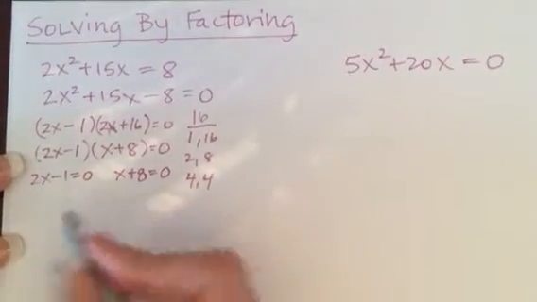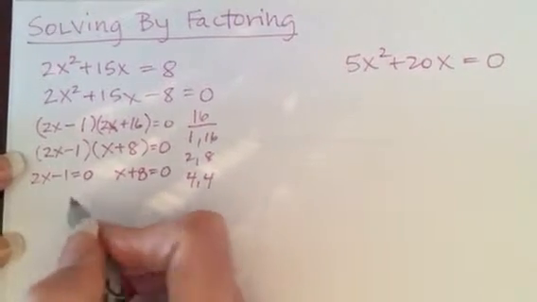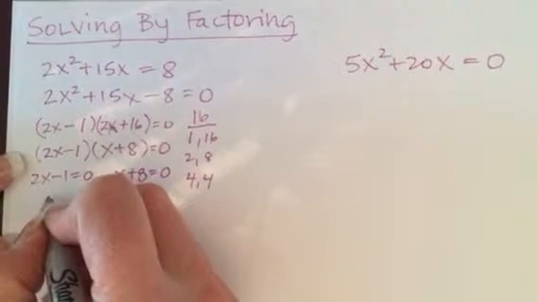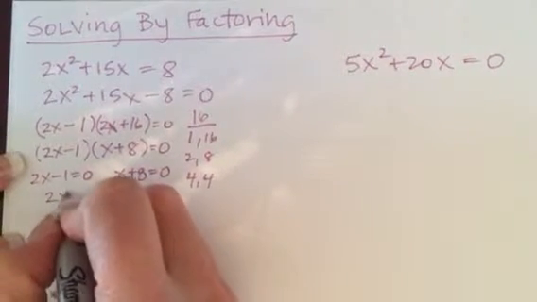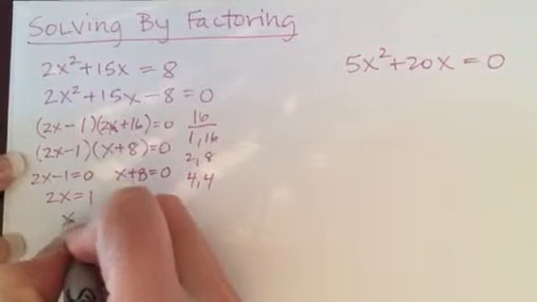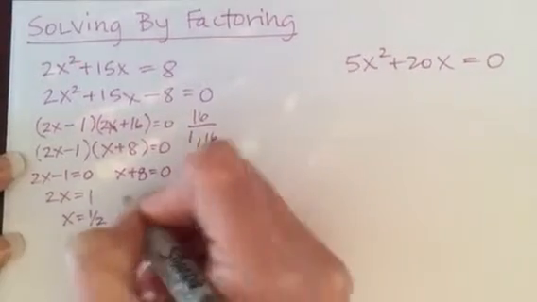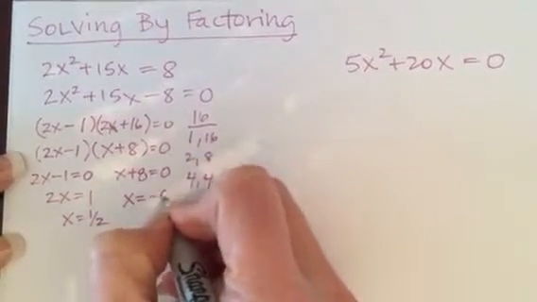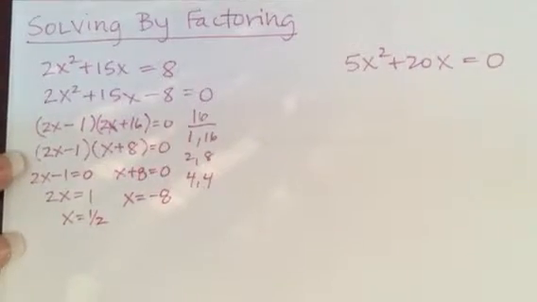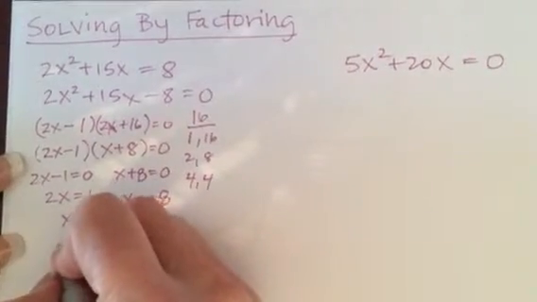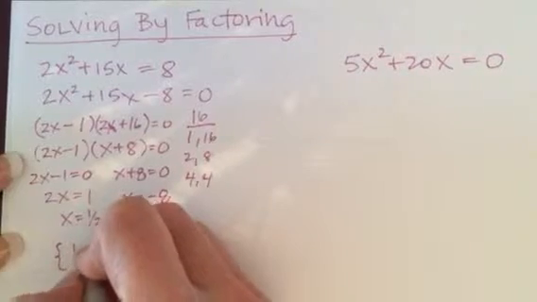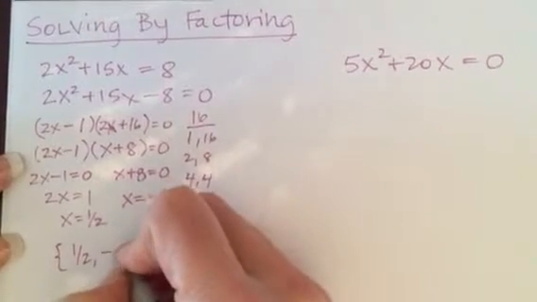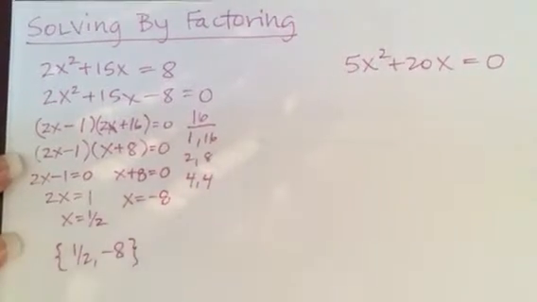So when I do that, I've got two linear equations that I can solve for x. So 2x here is equal to 1. x is equal to 1/2. Here, x is equal to negative 8. And so I have solved this equation, and my solutions are 1/2 and negative 8.